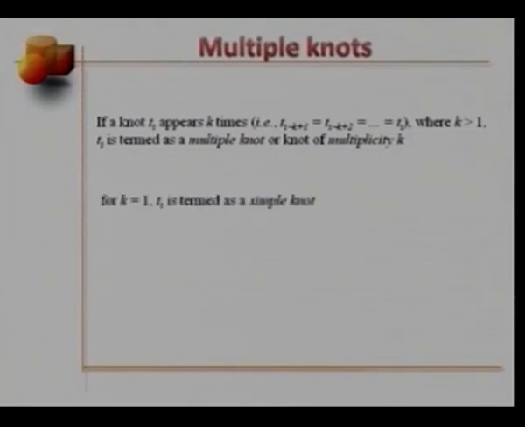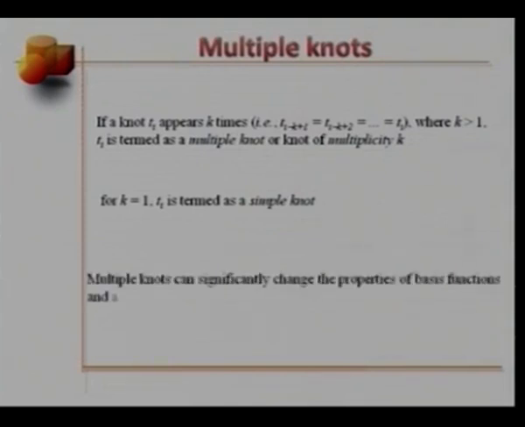For k equals 1, Ti is termed as a simple knot. As I mentioned earlier, multiple knots can significantly change the properties of basis functions and are useful in the design of B-spline curves. We'll see this later.